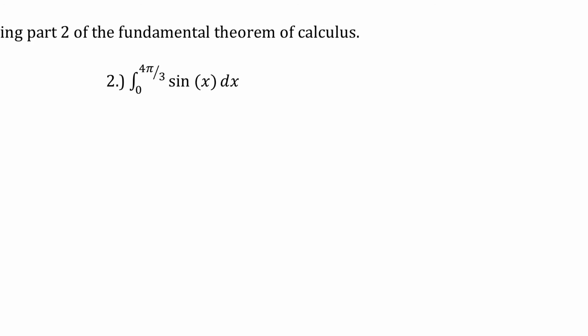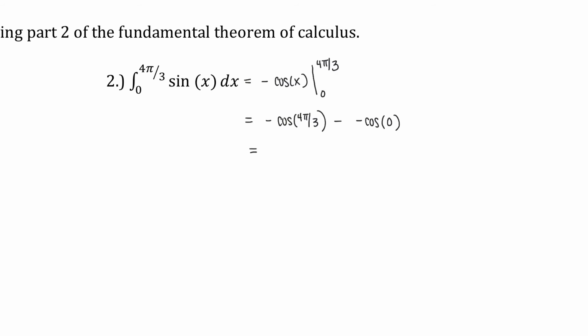So this will be equal to the antiderivative of sine of x, which is negative cosine of x, evaluated from 0 to 4 pi over 3. So now I will plug in my upper limit of integration, subtract, plugging in my lower limit of integration.